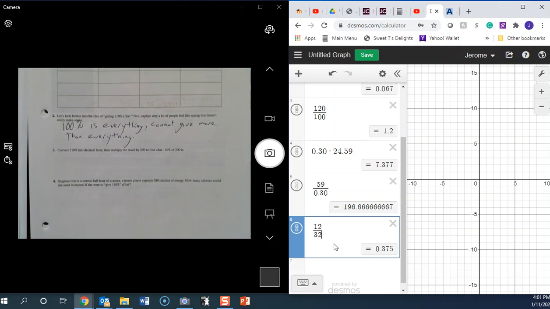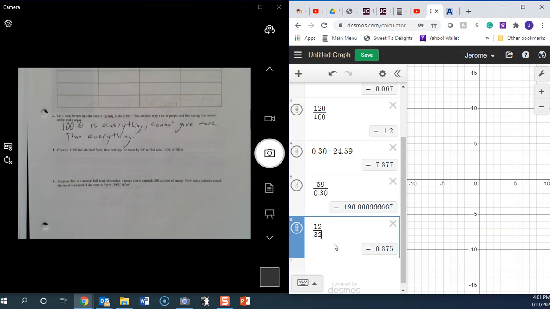So saying 110% sounds nice, but in actuality, whatever that person gave, and if it's all that they could give, they gave 100%.